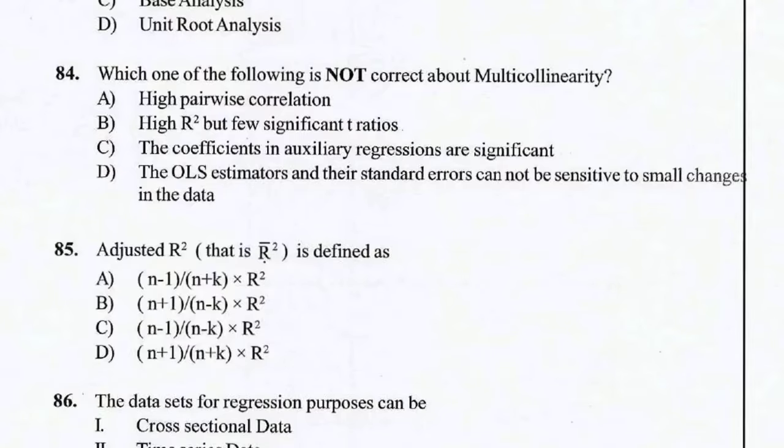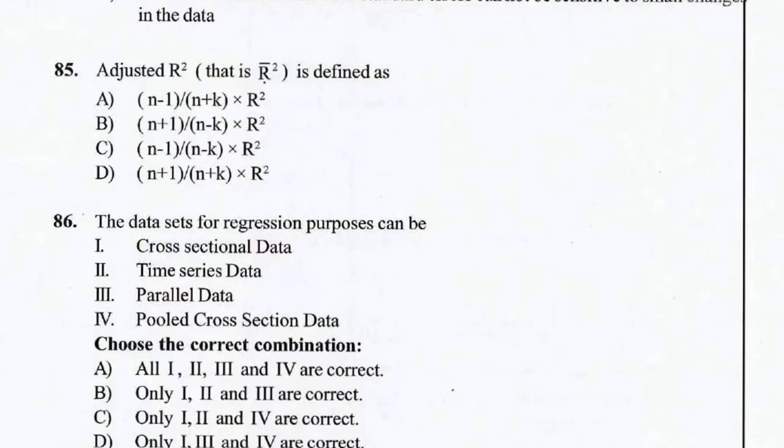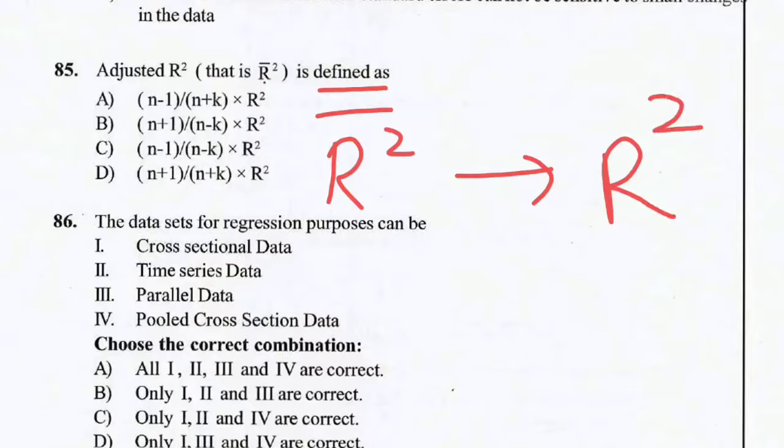Then we have adjusted R square, that is, R square bar, is defined as, okay. So by R square bar we mean adjusted R square. It is the modified version of R square that accounts for the number of independent variables in the model.